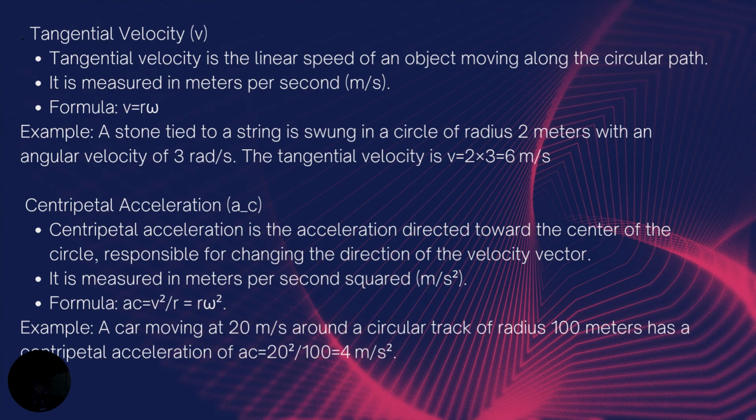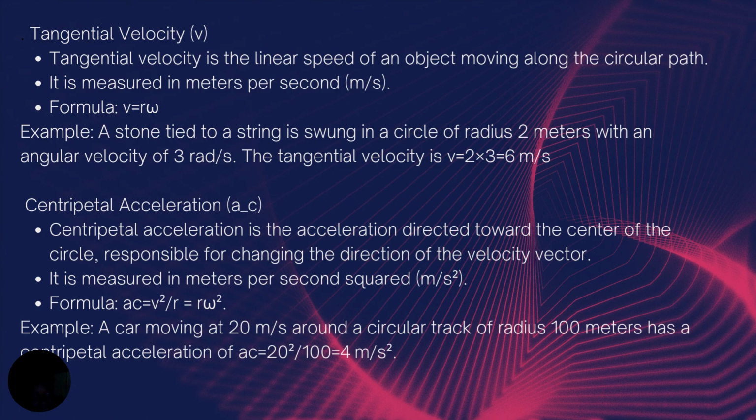And suddenly the stone flings off. What is going to happen? The stone is going to fly off in a direction that is tangent to the circular motion it was making. So a tangential velocity is the linear speed of an object moving along a circular path.